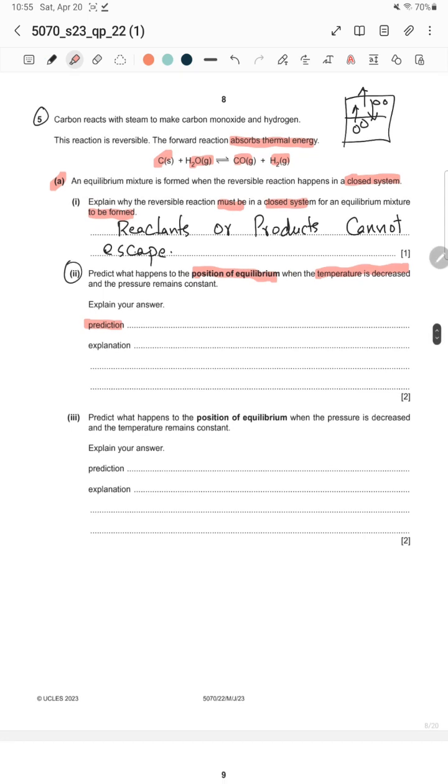If the forward reaction absorbs energy, it means the heat will be written on the reactant side. Now the temperature is decreased, so temperature will be decreased on the side where heat is mentioned.